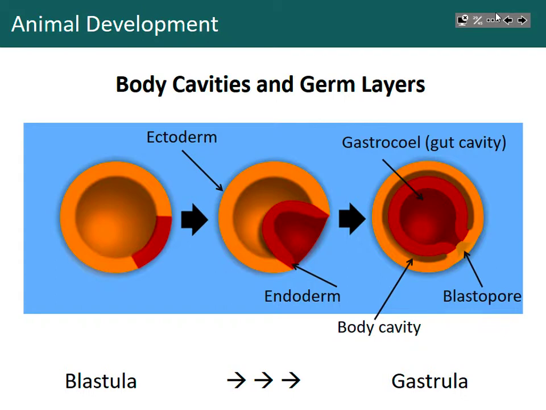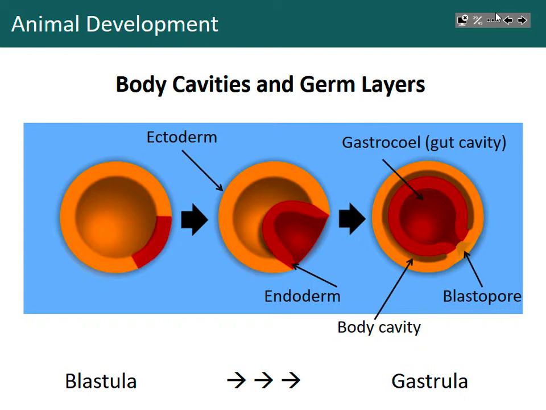We have the outer layer, which is our ectoderm, and then we have the inner layer that's starting to push into the center of the ball of cells, right? And as that begins to push into the center of the ball of cells, it's going to ultimately completely line our little blastula, which is now going to be called a gastrula because it now has the gastric cavity.